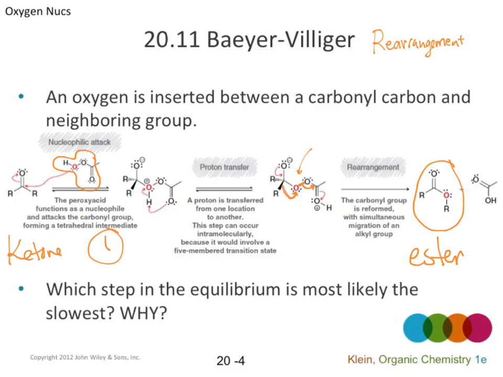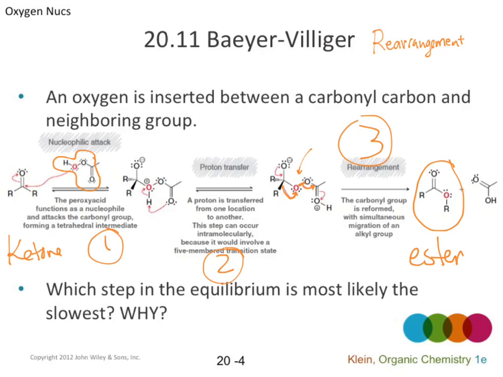So we've got step 1, 2, and 3. Step 2, you're looking at a hydrogen being transferred from one part of the molecule to another. You'll notice that the arrows show what type of transfer. Intra or intermolecular? Intra.